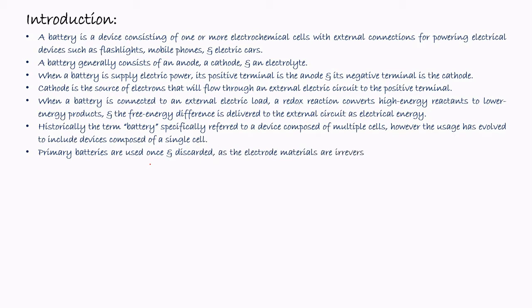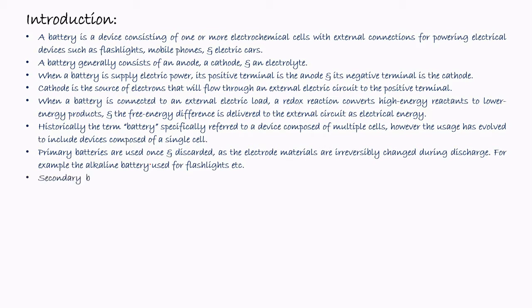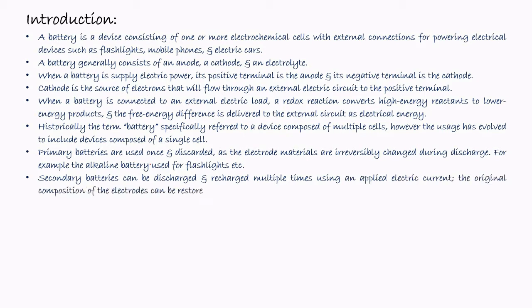Primary batteries are used once and discarded, as the electrode materials are irreversibly changed during the discharge. For example, the alkaline battery used for flashlights. Secondary batteries can be discharged and recharged multiple times using an applied electrical current.